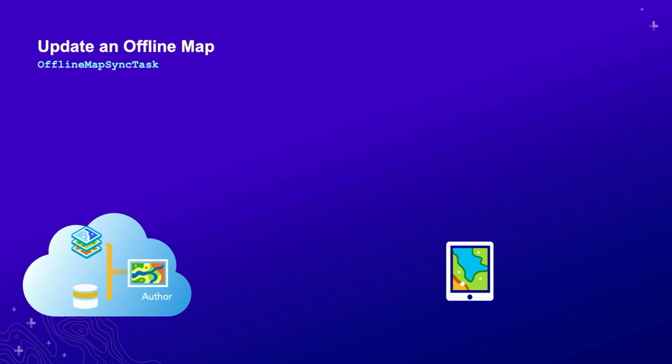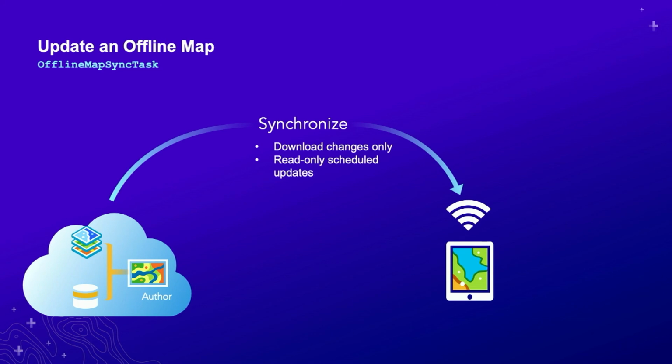Now, at some point in the future, I get a connection to my network again. Now I can perform a sync. Now, we're specifically talking about read-only workflows here in this first session, so we won't go into the details of syncing with edits that you've made on your device. But I just want to get the latest changes from the server down to my device. I just call sync and I download the changes.